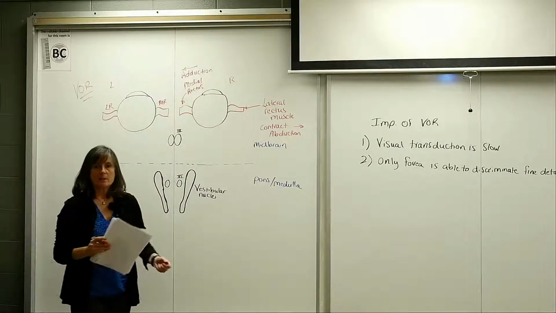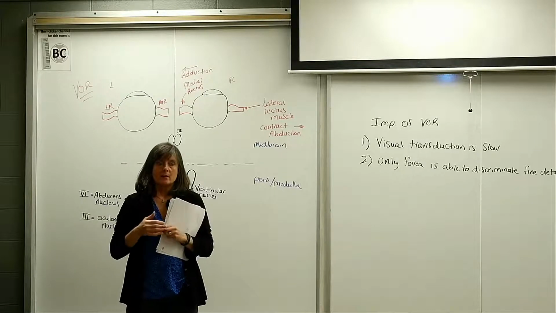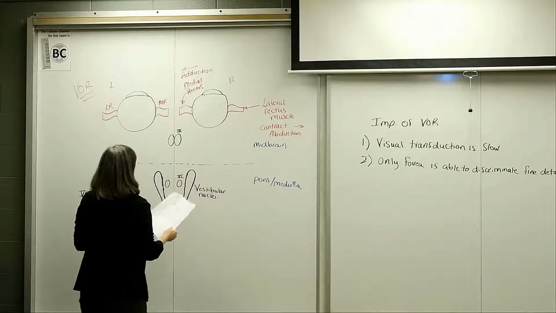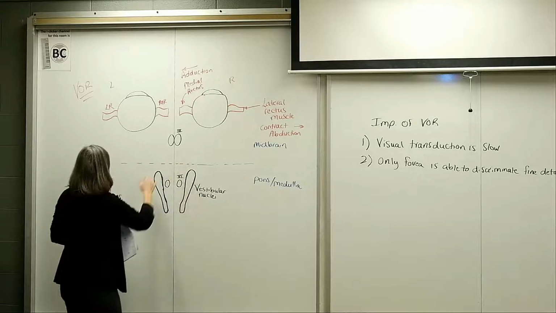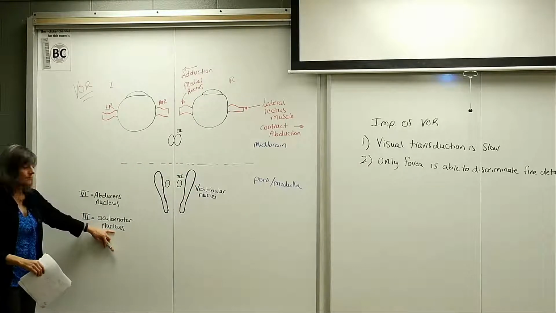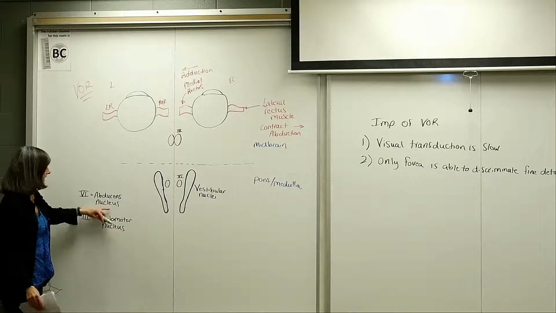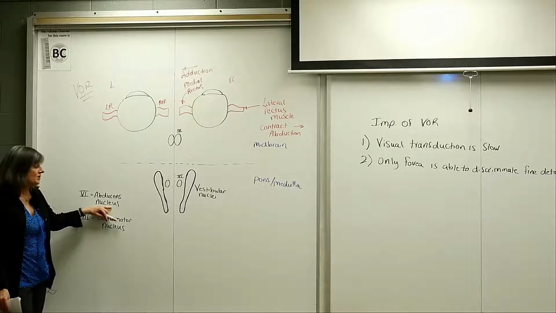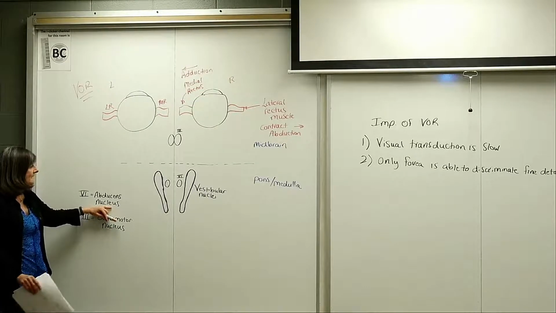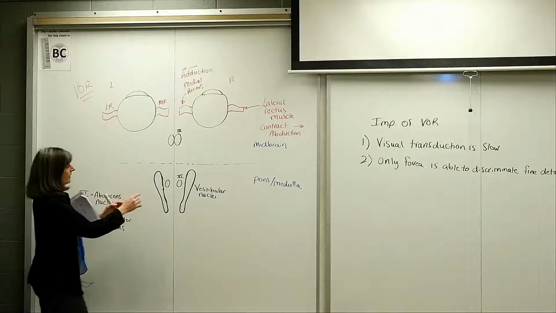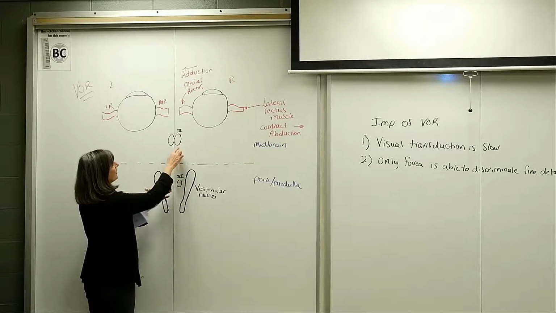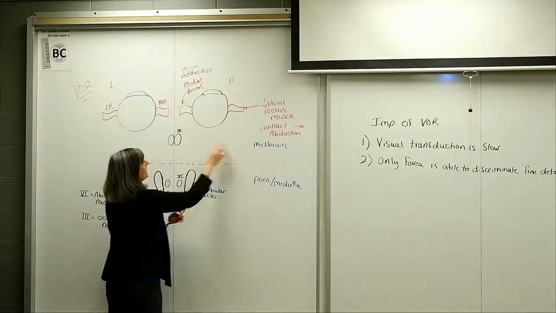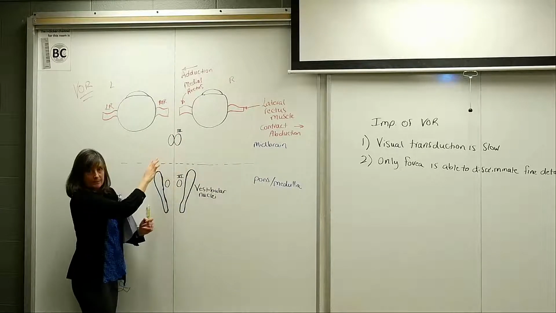So we've already learned a little bit about cranial nerves. The cranial nerves that innervate these muscles happen to be the oculomotor nucleus, which is cranial nerve 3, and the abducens nucleus, which is cranial nerve 6. So let's go ahead, if you haven't already, and label these. The oculomotor nucleus is located in the midbrain, very close to the midline.